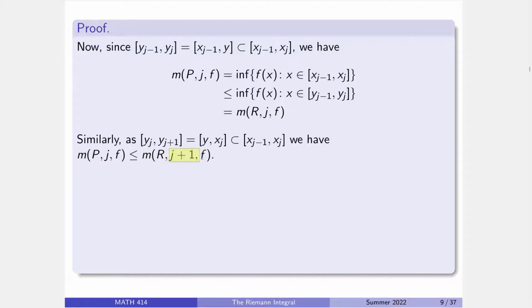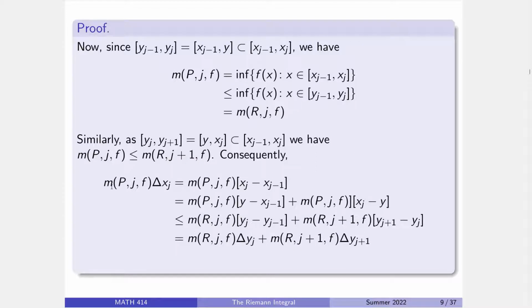Now note, the lower Darboux sum for the partition R has an extra term, and so now we see the jth term in the lower Darboux sum of P is less than or equal to 2 terms out of the lower Darboux sum of R. All right, so far we've only accounted for j minus 1 on both, but now we've accounted for j for P and j plus 1 for R. Okay. And note here, all I'm doing is our favorite trick of sneaking in a plus and minus 1. All right, beautiful. All right, and so there we go.